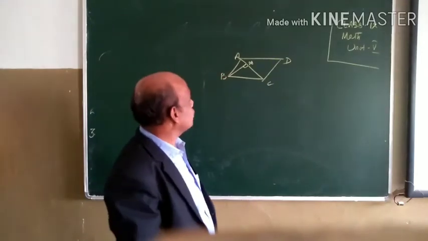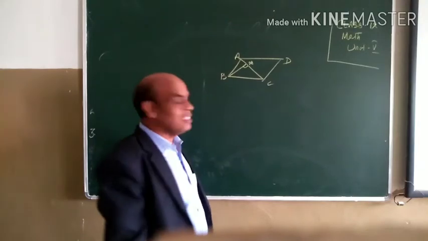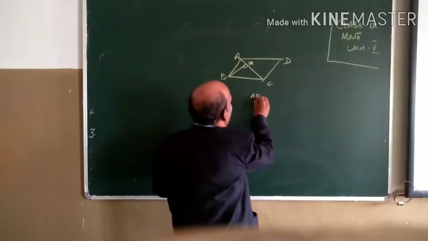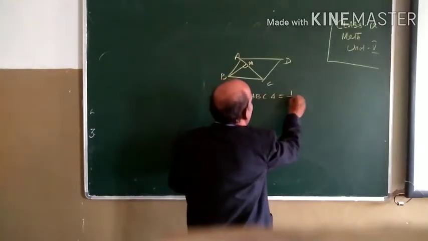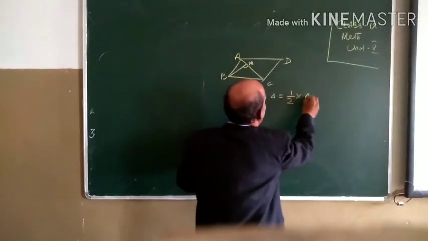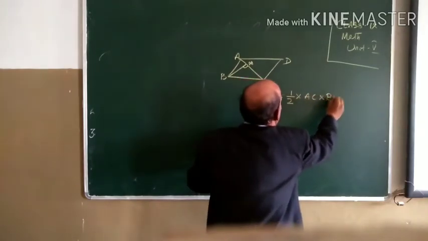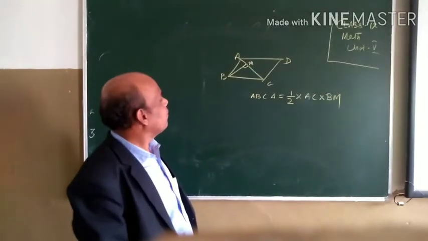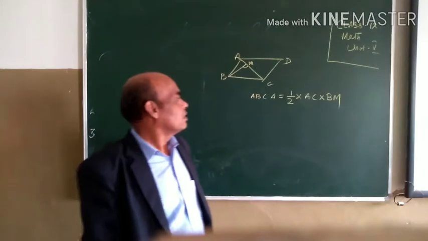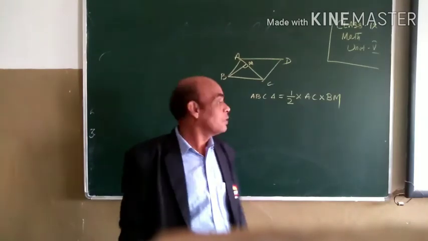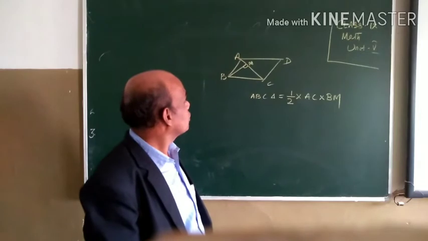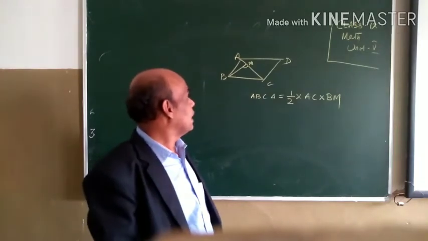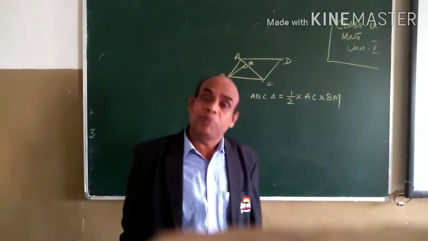So you can say area of triangle ABC is equal to half into base, suppose base is AC, and height is BM. So that is the area of the triangle ABC.